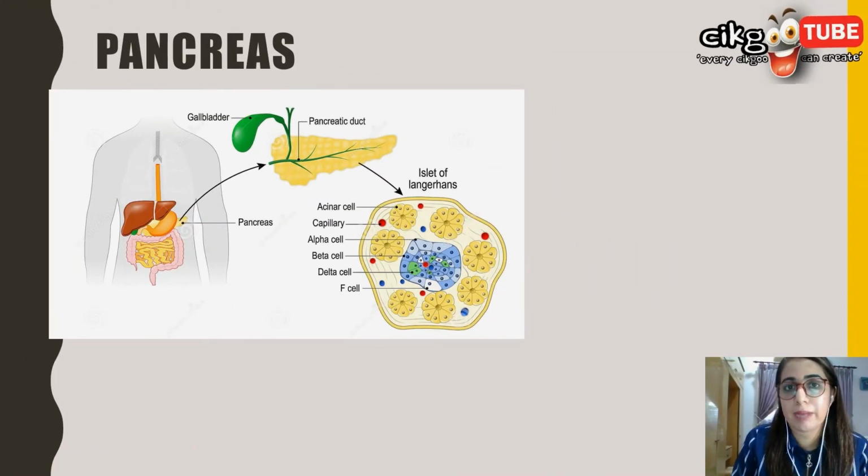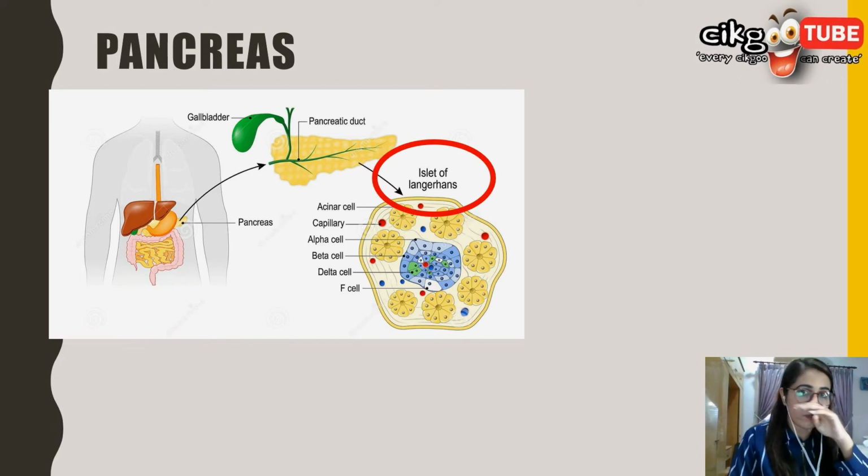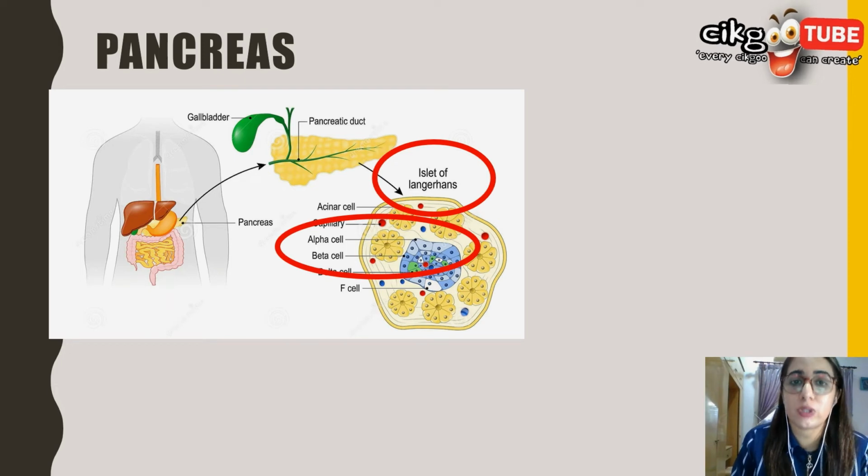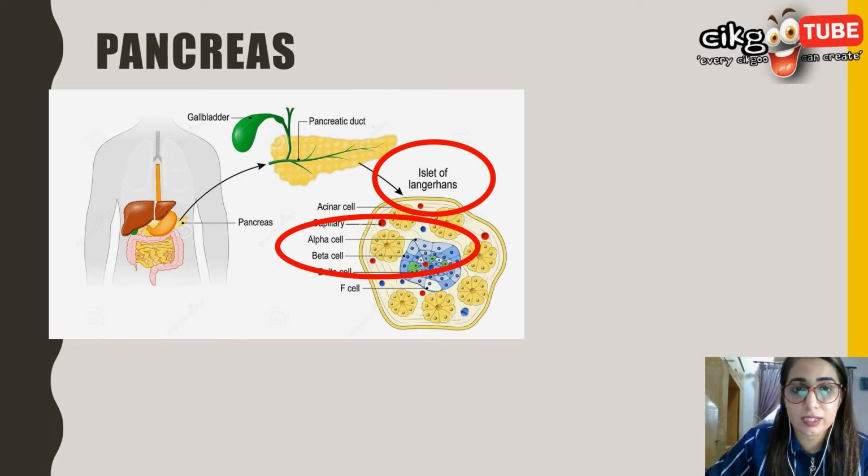Now, what about the pancreas? The pancreas is located beneath the stomach at the inner curvature of the duodenum. The beta cells of the islets of Langerhans of the pancreas secrete insulin, and the alpha cells secrete glucagon. I repeat, beta cells secrete insulin, and alpha cells secrete glucagon.